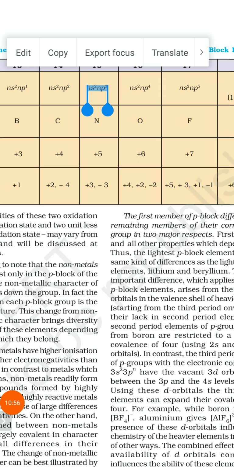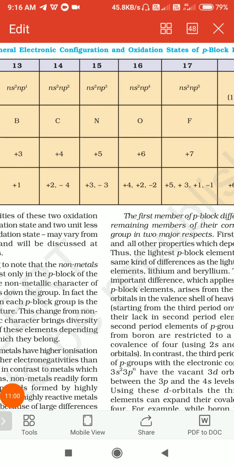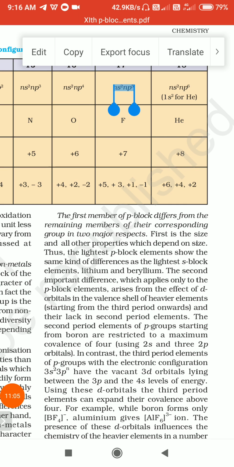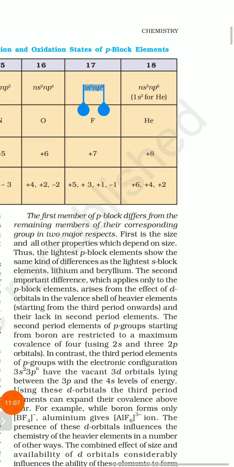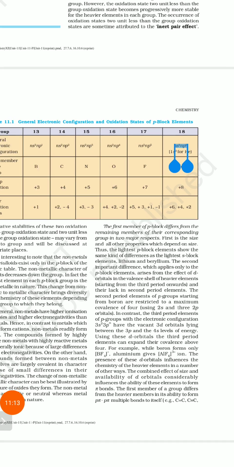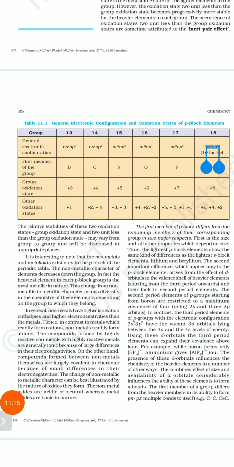The 15th group elements: ns2 np3. The 16th group elements: ns2 np4. The 17th group elements: ns2 np5. And the 18th group elements: ns2 np6. So this is the general electronic configuration for the 13th group up to the 18th group elements.